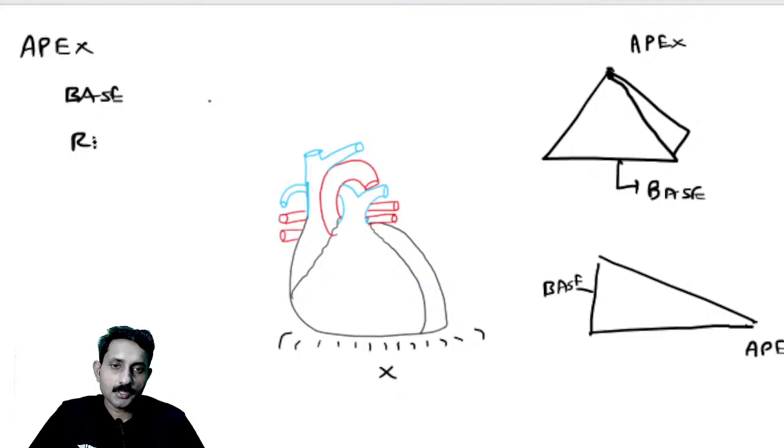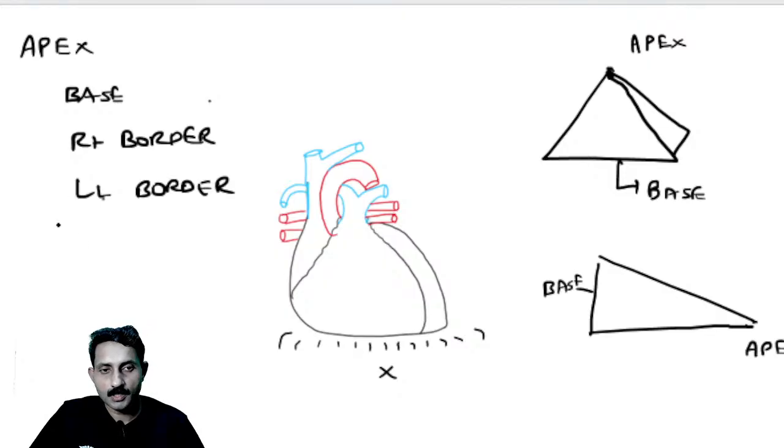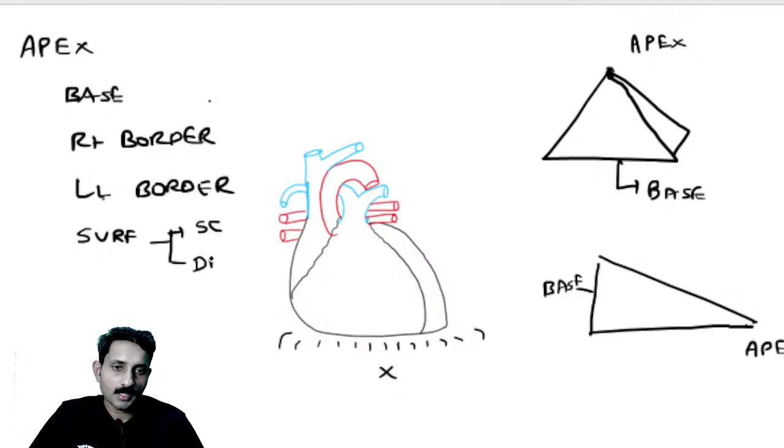We have a right border, then we have a left border. Apex, base, right border, left border. Then some surfaces of the heart. What are the surfaces of the heart? We have a sternocostal surface and a diaphragmatic surface.